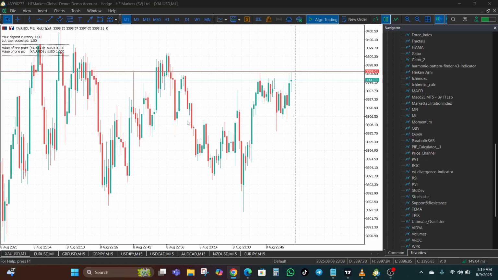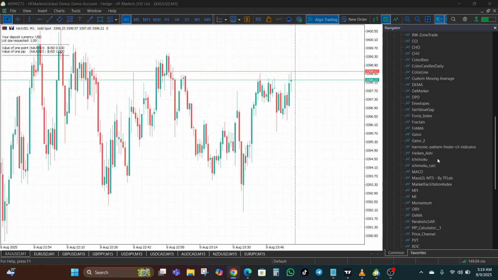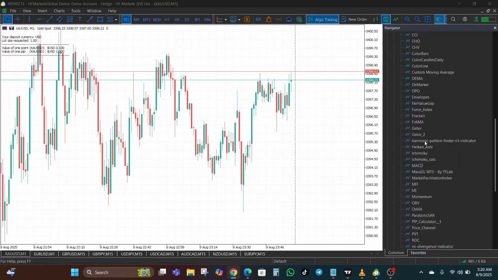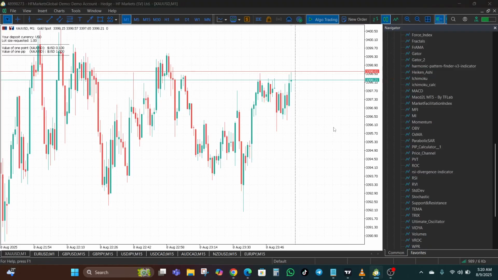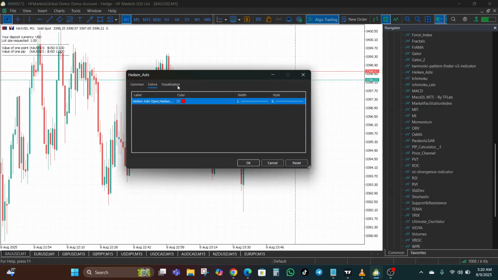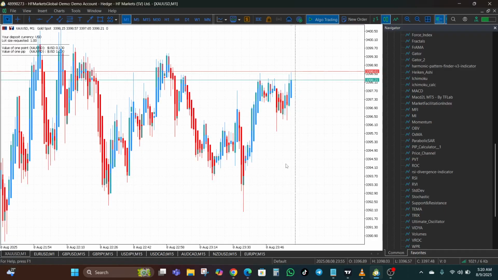First of all, we are just going to be setting up the chart. You have to add the Heikin Ashi candle to the chart, okay? Let's look for the Heikin Ashi. If you do not have the Heikin Ashi under your indicator section, you might have to go and download it as a custom indicator, but that is if you are using the MT5 platform.